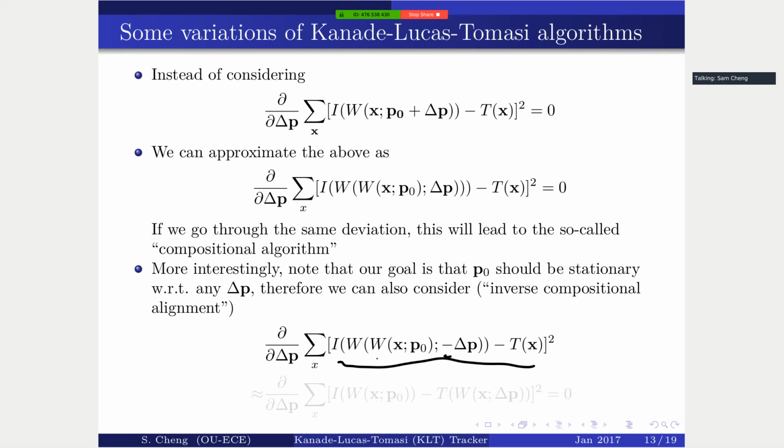And if you look at it this way, then rather than warping the coordinates of the original image by P0, then by minus delta P, I can also consider that I warp the first image with P0, but I warp the template by delta P, right?